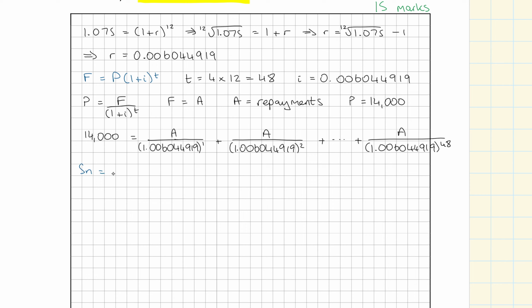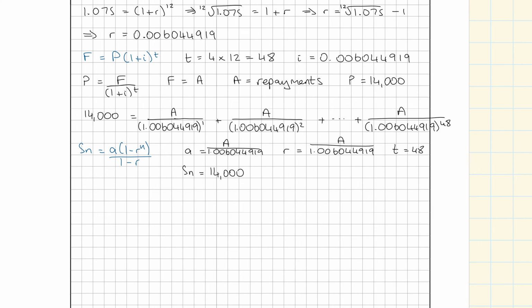Now we need our sum to n. So A times (1 minus r to the power of n) all over 1 minus r. Our starting term is A over 1.006044919. The ratio is 1 over the interest. n is 48. And then we also know the sum to n is 14,000.